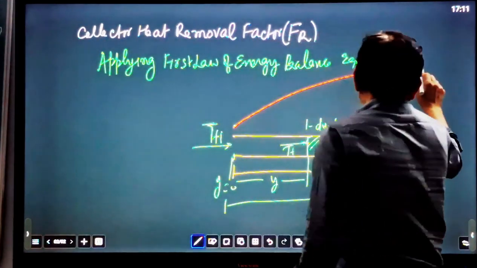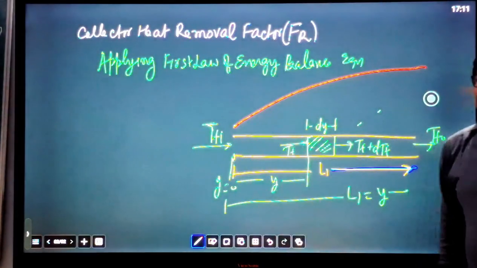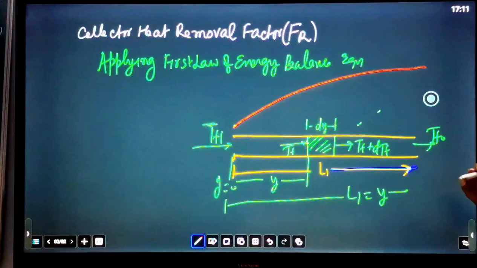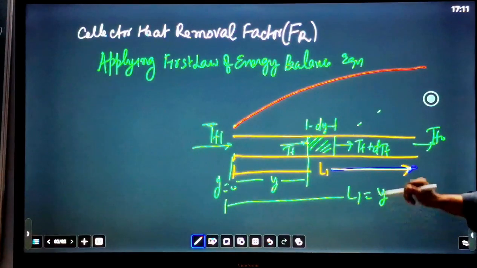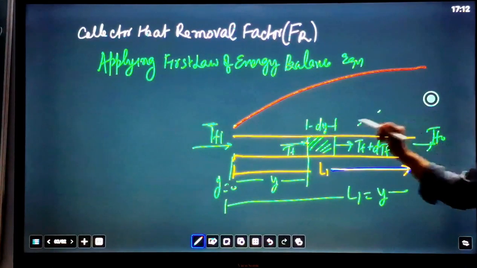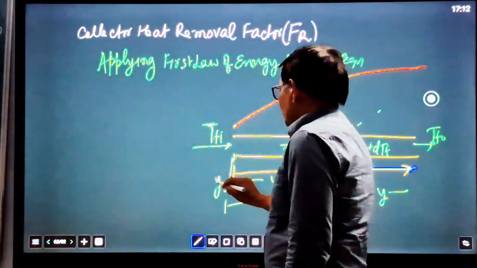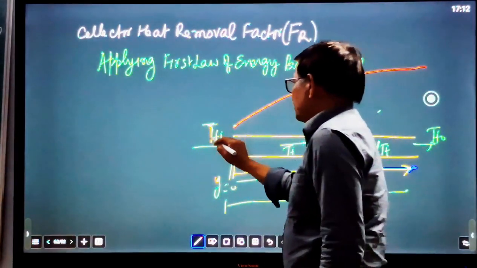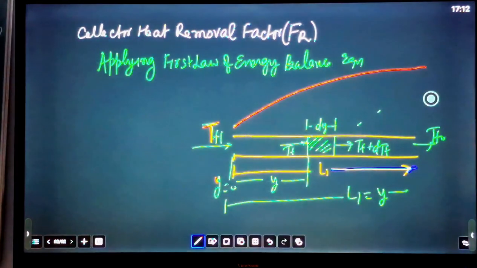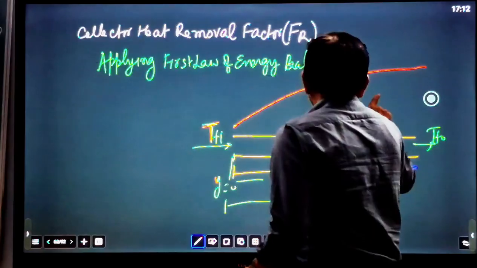At the inlet the temperature is minimum, and the maximum temperature is measured when the fluid comes out of the tube, at Tfo. At entry, at y equal to 0, the fluid temperature is Tfi. This is the variation of temperature.